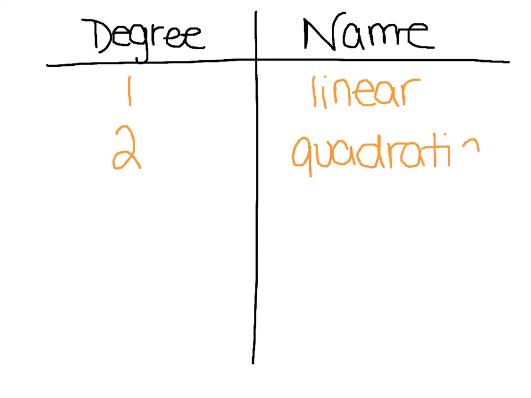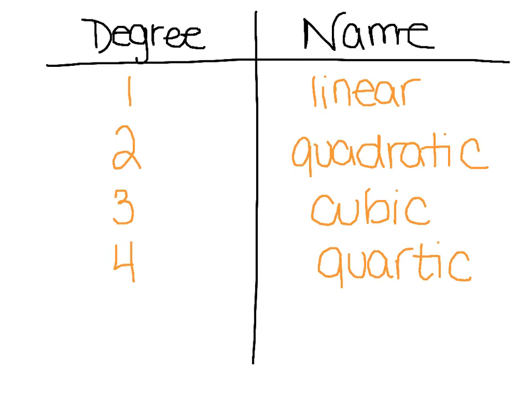So if you find the degree of the polynomial, see that it's 2, it's called a quadratic. If the degree is 3, it's called cubic. And if the degree is 4, it's called quartic.